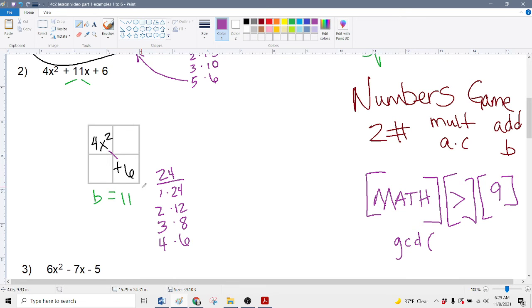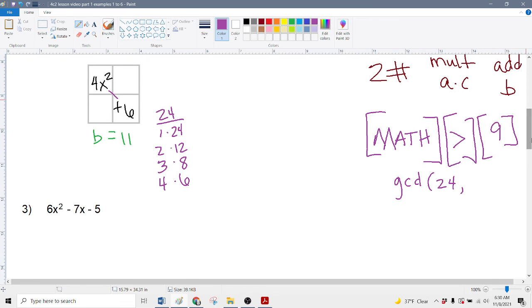And we'll go ahead and put our 24 in, if we want to compare it to something, right? But if we don't want to compare it to something and we just want to get the factor list, this is what we use to compare, to find a greatest common factor.